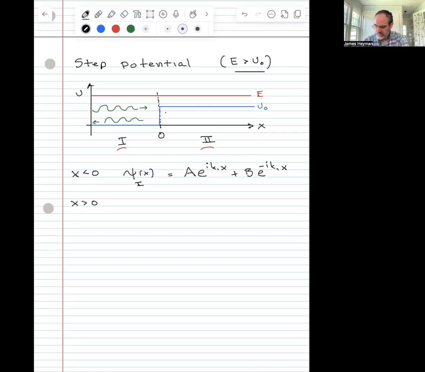For x greater than 0, well, we might have a particle moving to the right. It's still a free particle, but its k is different because its kinetic energy is different.